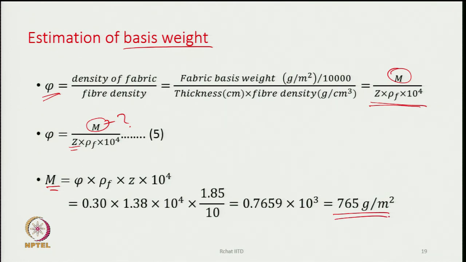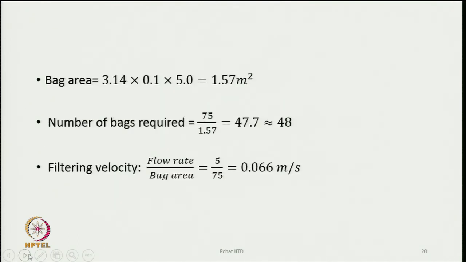Now, in the bag area, this is the length, this is the diameter. So, pi into D into L, this is the area of a single bag. So, how many bags do we need? 75 divided by the area of an individual bag gives you a figure of 47.7, which means we need almost 48 bags.